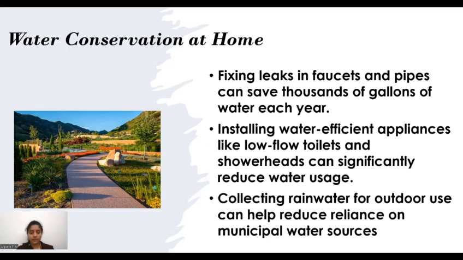In that way, we can preserve water. Installing water-efficient appliances like low-flow toilets and shower heads can also significantly reduce water usage. And we can easily collect rainwater for outdoor use, which may help us reduce reliance on municipal water sources.